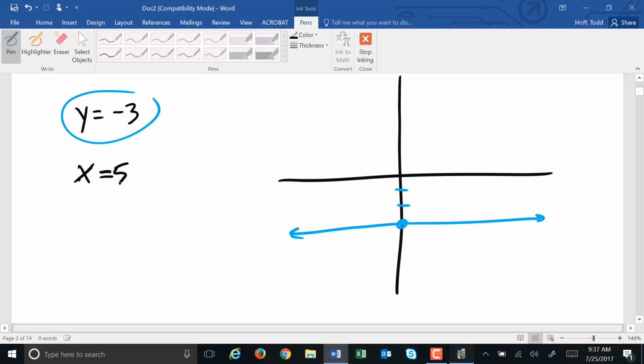X equals 5. What's that going to look like? That's going to be perfect. I go over to x equals 5, and there is a vertical line at that point. At x equals 5.